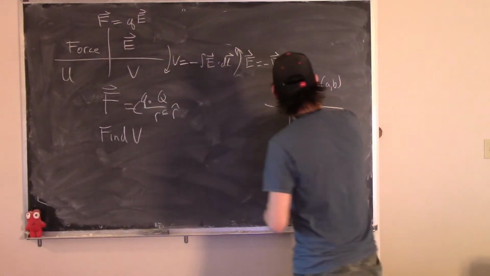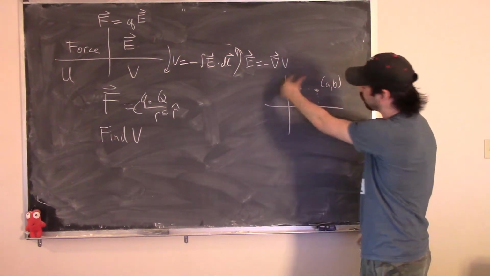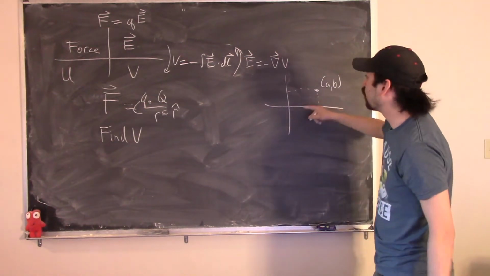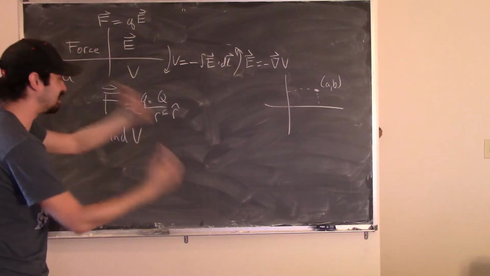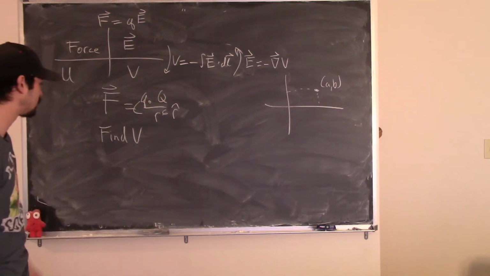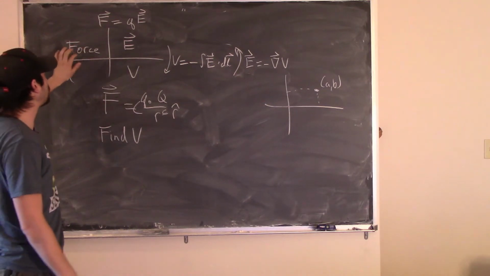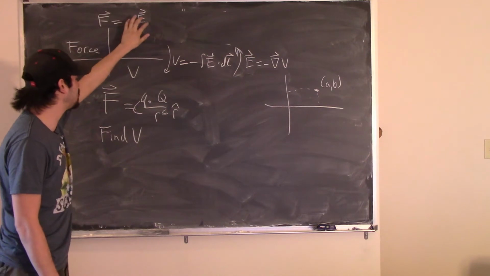But the thing that's tricky about this problem, and again, I'll tip my hand a little bit, I wouldn't ask you about coordinate transformations like this. But the spirit of going from force to electric field to electric potential is certainly something that I might ask you. So for this one, the first thing we need to do is go from the force to the electric field. And that's just to say that the force is equal to Q times the E vector.